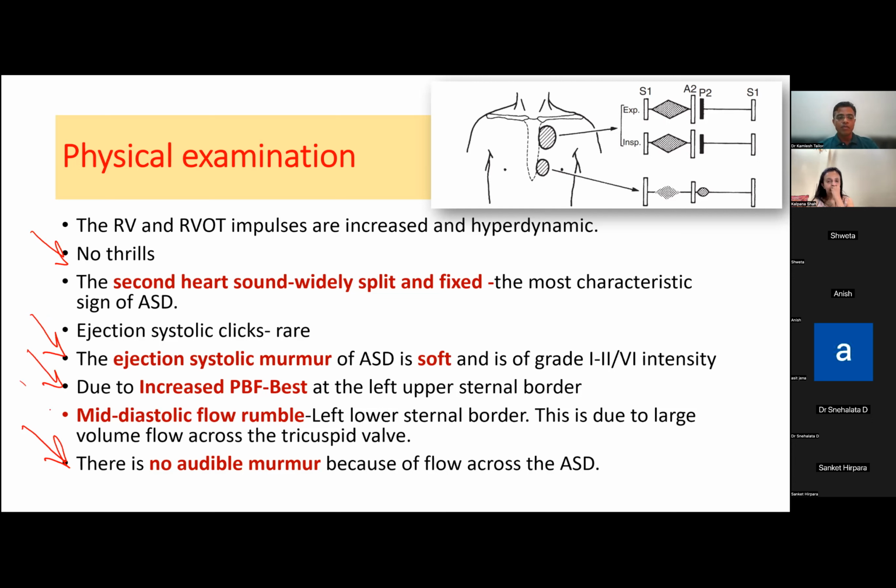And sometimes you may get a mid-diastolic flow rumble because a higher amount of blood goes across the tricuspid valve. So it is a relative tricuspid stenosis, we can say. It is not actually tricuspid stenosis, but because there is a higher flow, the normal tricuspid valve flow also gives such a murmur. So these are the physical examination findings for ASD patients.